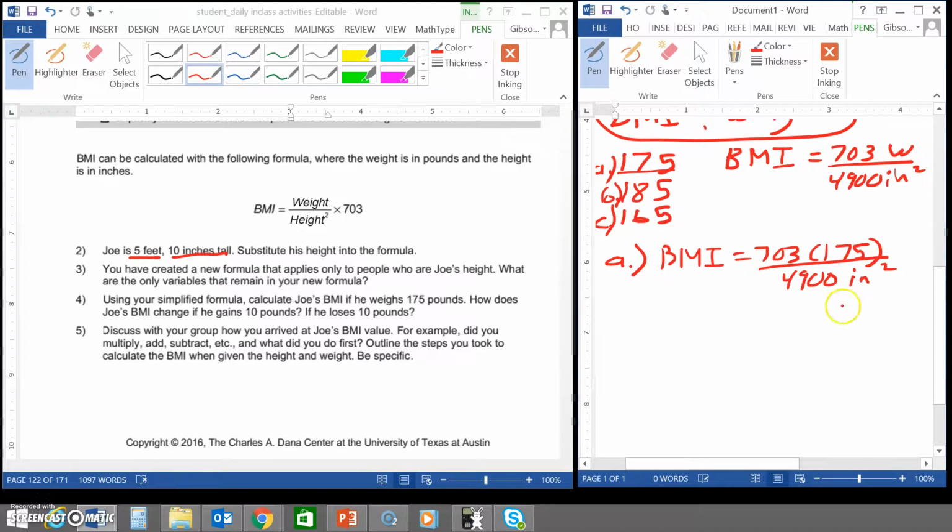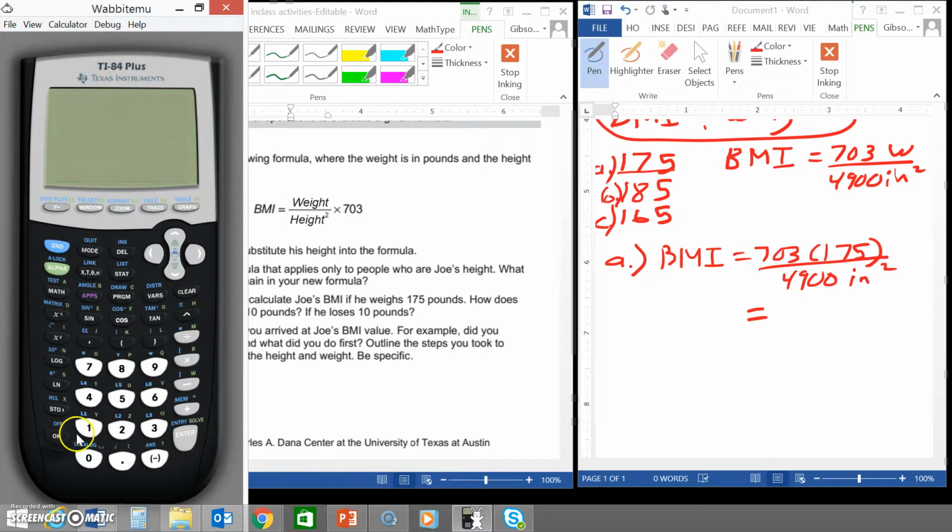Now what we could do, we could take our calculator and multiply this out. So let me get the calculator. We would take 703 times 175, and that gives us 123,025.